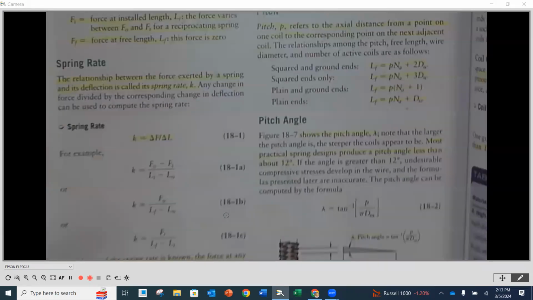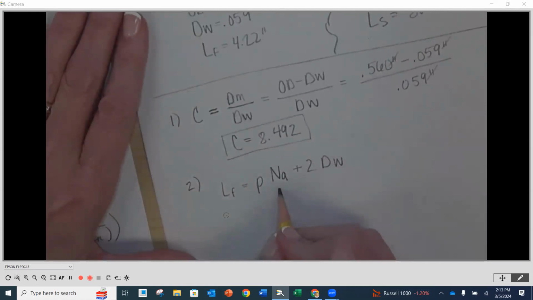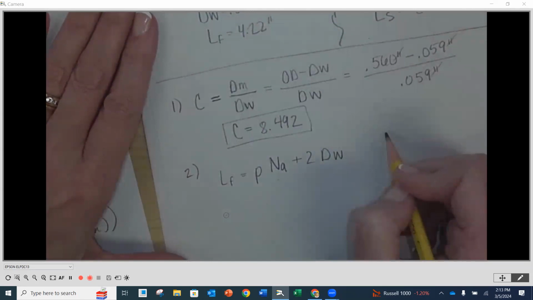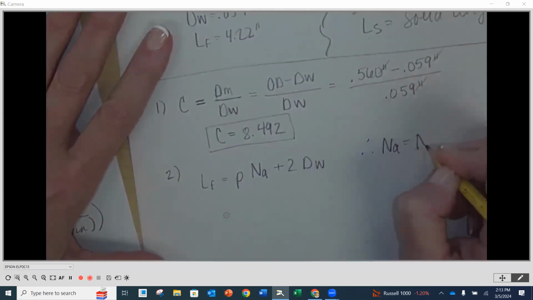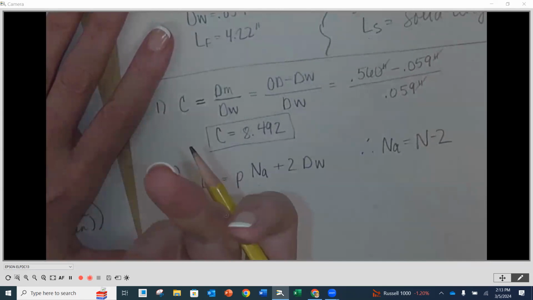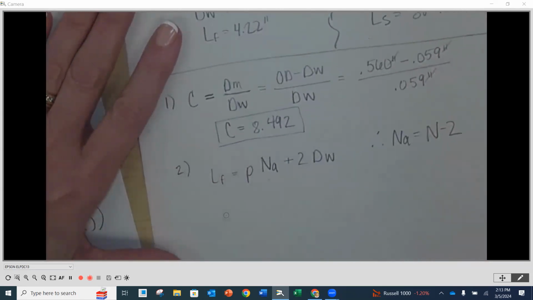So NA is going to be N minus 2. Okay, so I'm going to put a little note where NA is equal to N minus 2. So we'll put that value in there in just a little bit. So let's rearrange so that we solve for our pitch. Okay, so we have everything known here except for our pitch. So go ahead and rearrange this equation to solve for pitch.